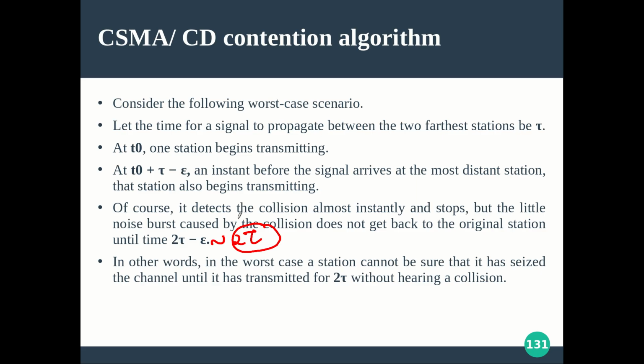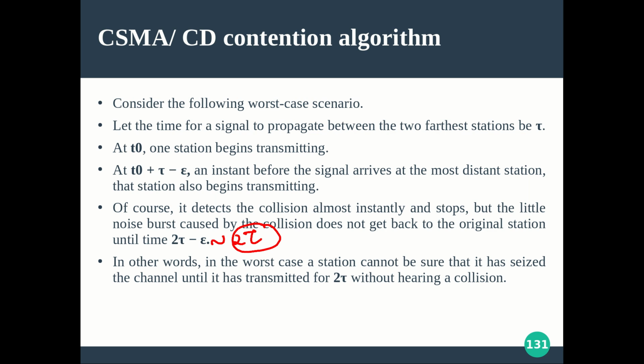So in the worst case, a station cannot be sure that it has seized the channel until it has transmitted for 2 tau plus time, I mean more than 2 tau time. Then only, when that collision signal is coming back, can it understand that its data got collided. The collision signal came and I am still sending the data, so definitely my data got collided.